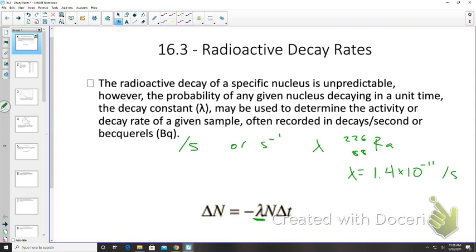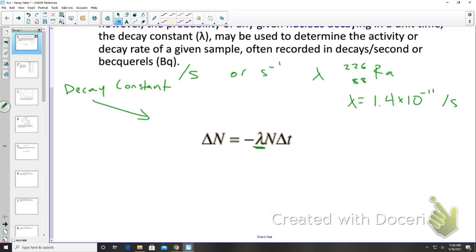You guys do need to know this decay constant formula. Okay, so delta N is going to be the activity measured in becquerels or decays per second.